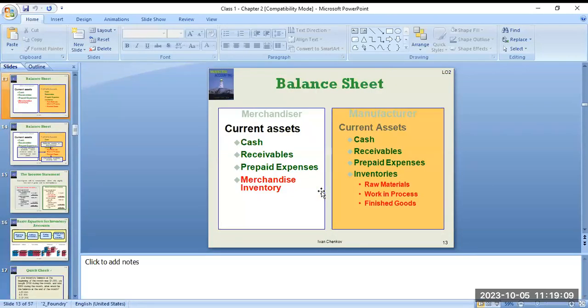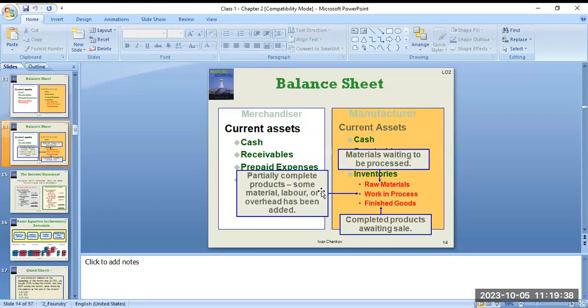For that reason, in a merchandising company, we're going to see only one inventory account: merchandise inventory. Buying, selling, buying, selling. In the manufacturing company, we're going to see three inventory accounts. One will be raw material. Next one will be work in process. And the last one will be finished goods. Now, how good are you with T accounts?